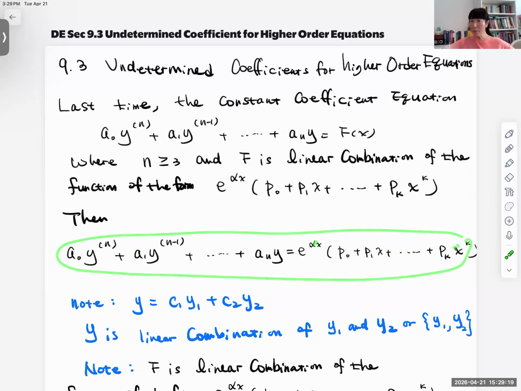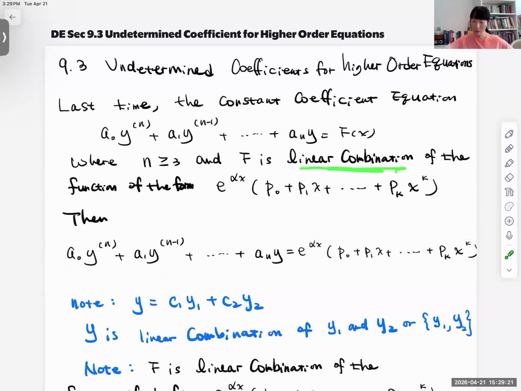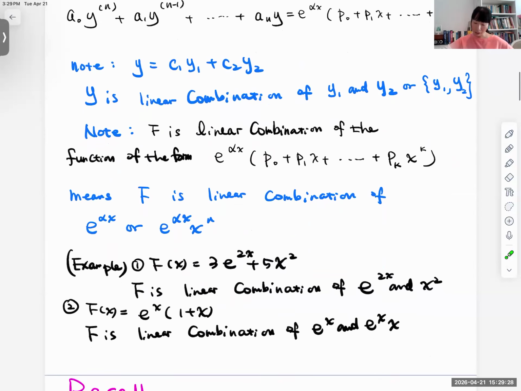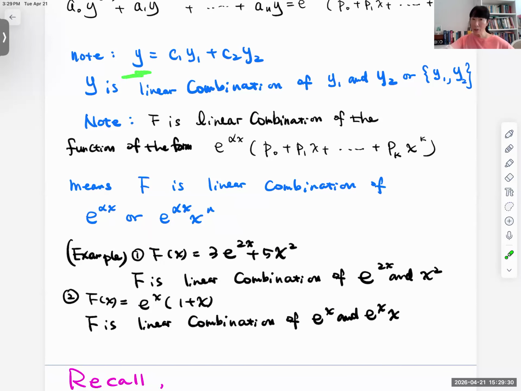Let's talk about the linear combination again. We have the form of a linear combination: y equals c sub 1 y sub 1 plus c sub 2 y sub 2. This is from the general solution. Then we can say that y is a linear combination of y sub 1, y sub 2, or express it with curly brackets as y sub 1, y sub 2.